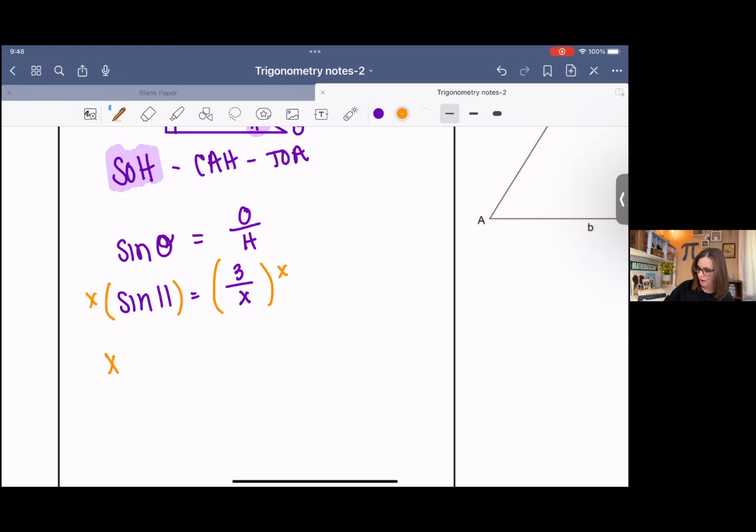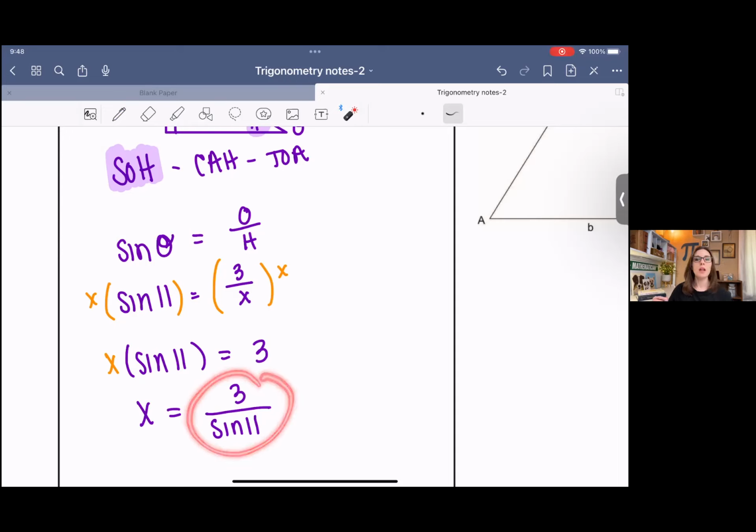And now we have x sine 11 equals 3. And then now I'm going to divide by sine 11 on both sides. And this is the exact solution. And then we're going to find an approximate solution by typing that into your calculator.